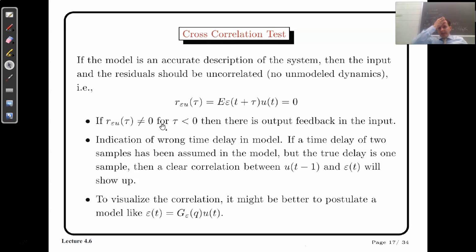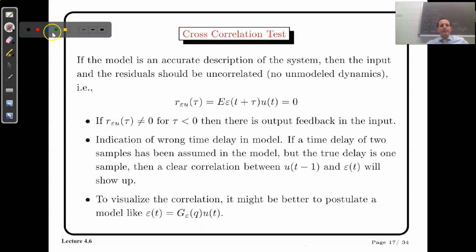There is an important result that can be demonstrated: if this cross-correlation test is violated, so the cross-correlation is not 0 for a negative value of tau, it means there is a feedback.